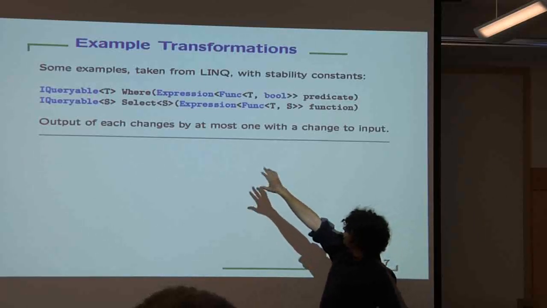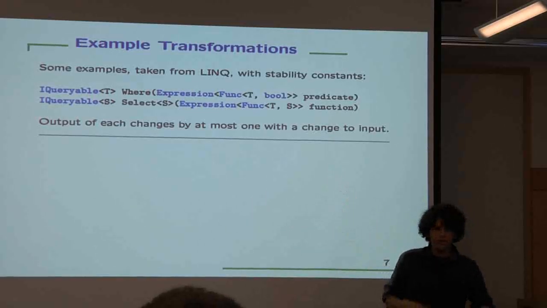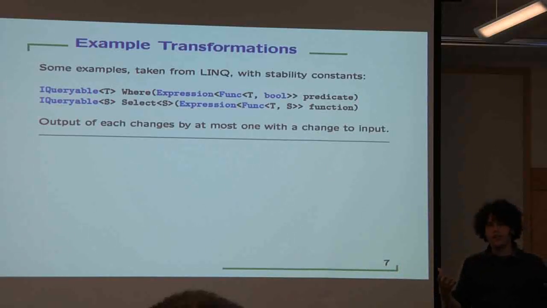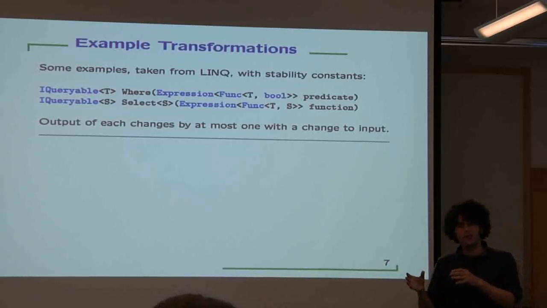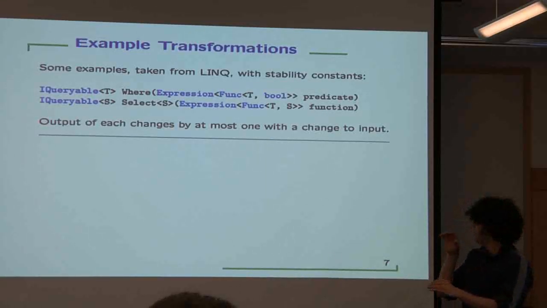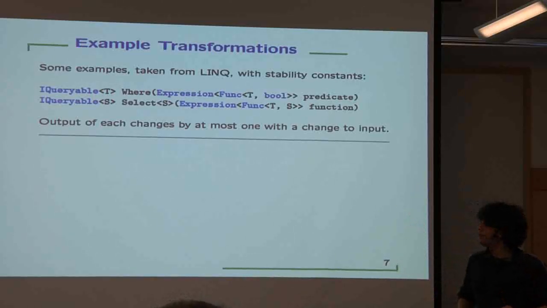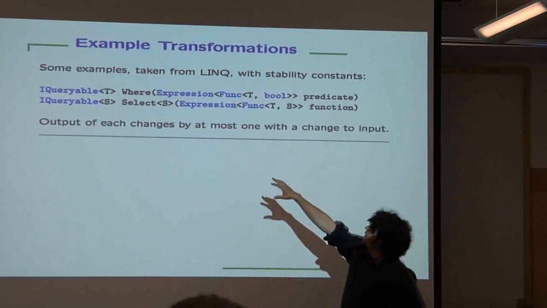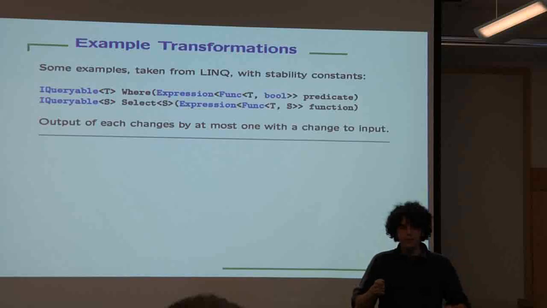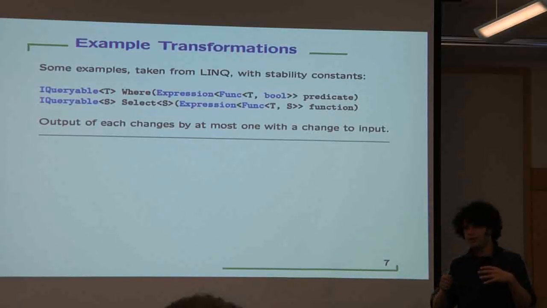So we have the where method and the select method. Where is a restriction. It takes a predicate and returns the subset of the data satisfying that predicate. Select is a record-by-record transformation, so it takes a function and returns the data set containing the application of the function to every record. And with the appropriate amount of head scratching, we can confirm that each of these, if I were to change the input to the where or to the select by one record, the change to the output is at most the consequence of that record.